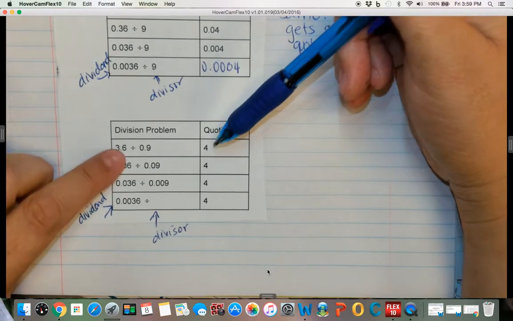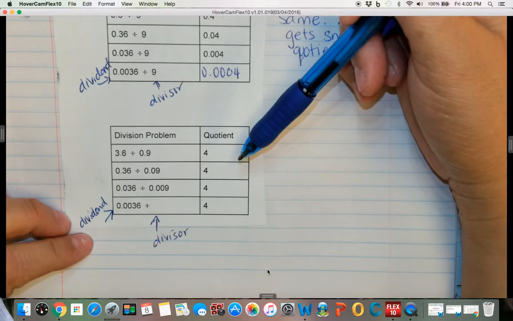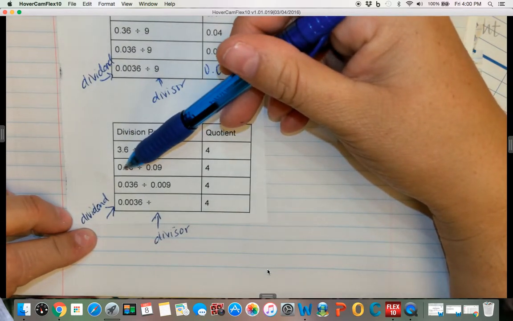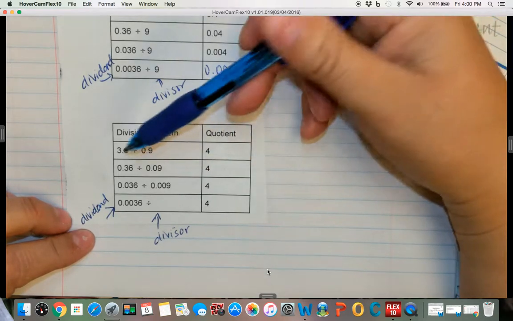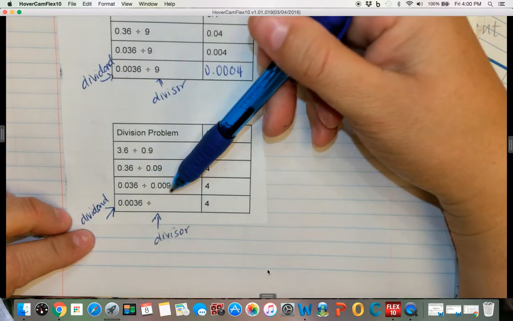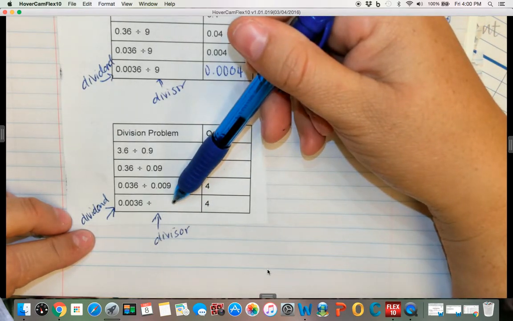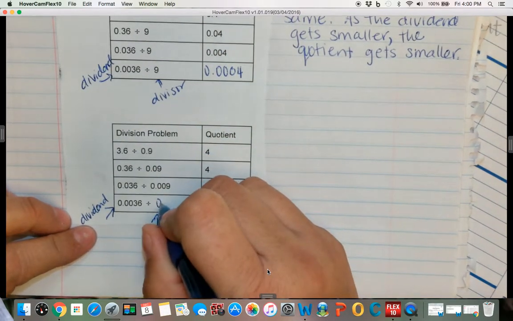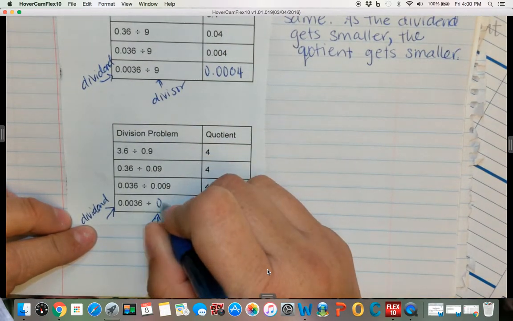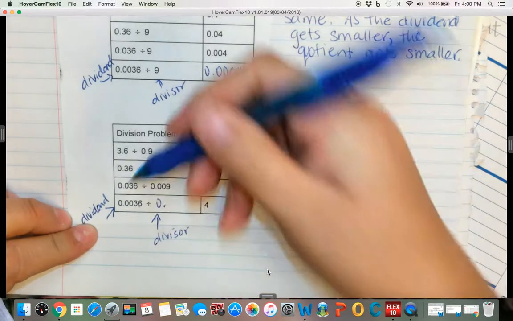So it's almost like this tenth and this tenth cancel each other out to give me a whole. I have 100th divided by 100th, I get a whole. I have 1,000th divided by 1,000th, and I get a whole. What goes here? A 10,000th, because this is 36 10,000ths.